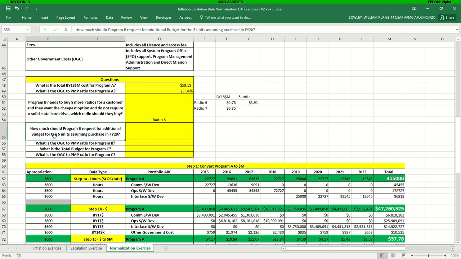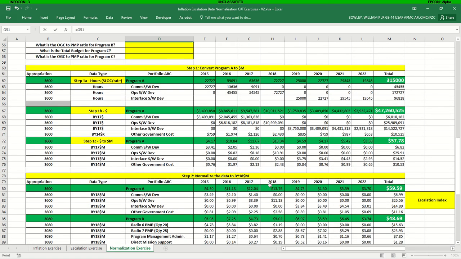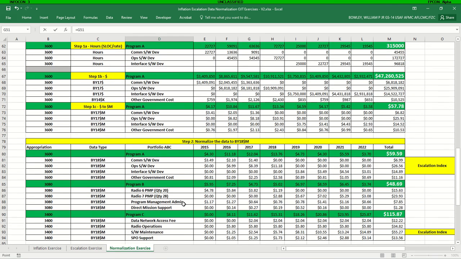And since they're budgeting for this in FY20, we want to make sure we inflate these base year $18 because they're not going to budget in base year 18. They're going to budget in then year dollars. And specifically for this exercise, it's going to be an FY20 dollar amount. So if we take the base year $18 amount, and again, we're talking about radio, that's 3080.